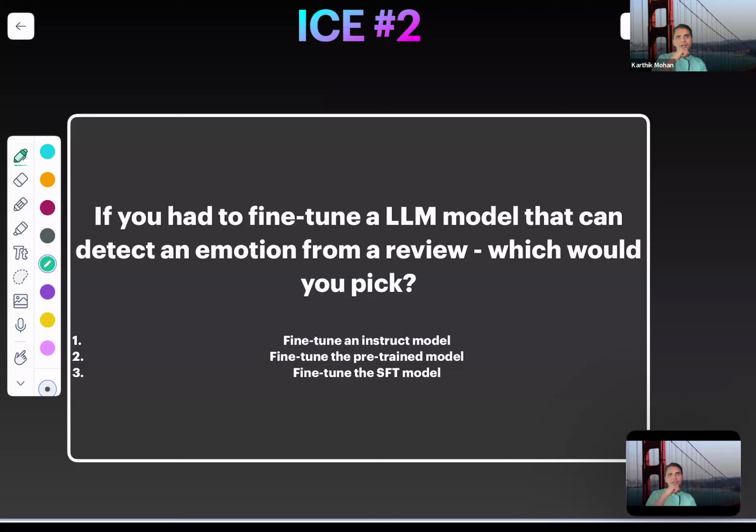Depending on how you want users to interact with your emotion detection model, if they are going to pass in instructions, then the best approach is to go with the instruction fine-tuned model and fine-tune it further for your use case. So it's pre-trained, then instruction fine-tuned, and now you add your own fine-tuning on the data set that you care about. Then you can get a more refined model for your use case.